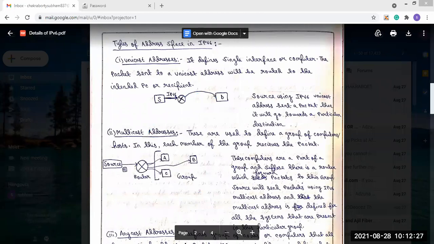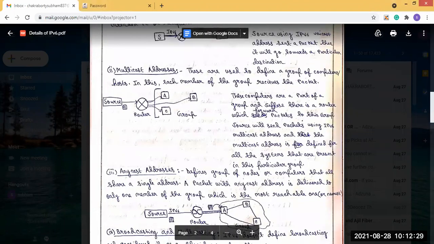And next is the anycast address. So what is the anycast address? It is the same as the multicast address, but there is some difference. Here also the group will be present. That's why it defines a group of nodes or computers that all share a single address.